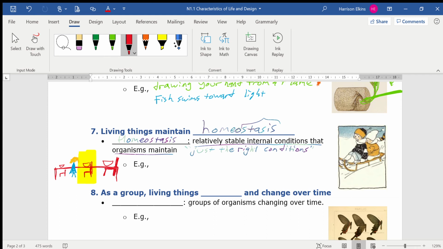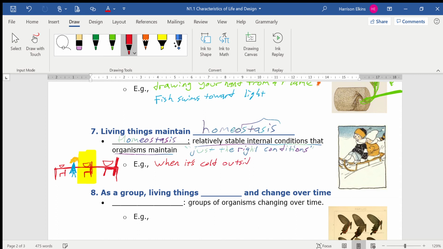So an example of keeping homeostasis. So homeostasis isn't the action. Homeostasis is the noun. It's what you want, and then you got to keep it and you got to maintain it. Okay, so an example of maintaining homeostasis, when it's cold outside, what does your body do?